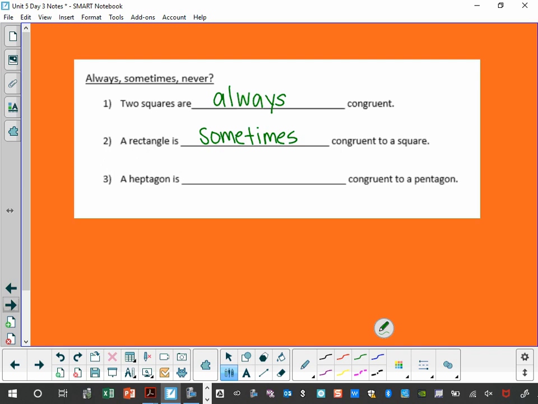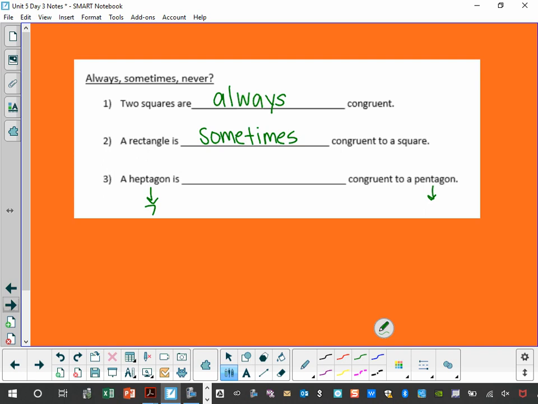A heptagon is blank congruent to a pentagon. Think back. There's how many sides with the heptagon? Is it 10? 7, it is 7. We'll get to this in unit 10, but for now, what's a pentagon? There's how many sides of a pentagon? 8 is octagon.